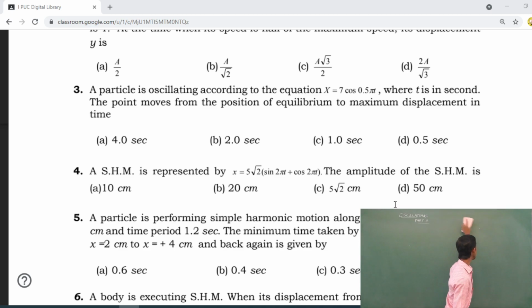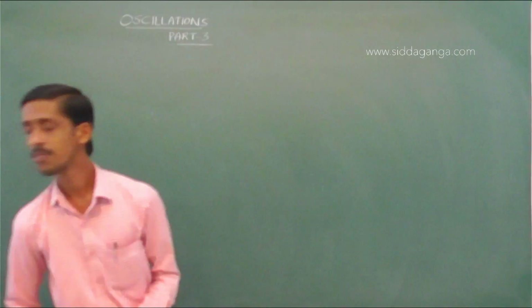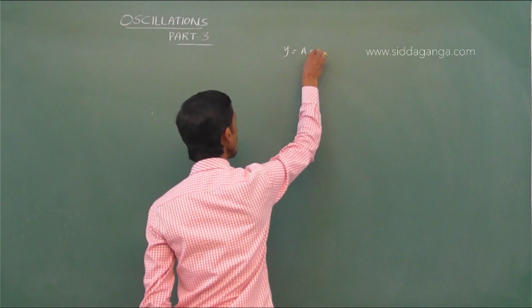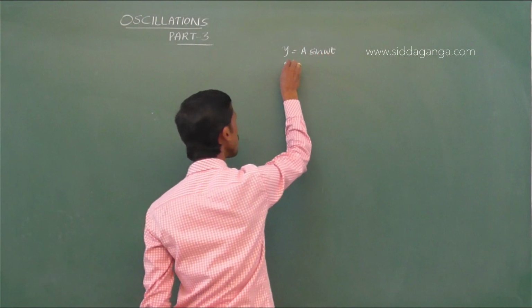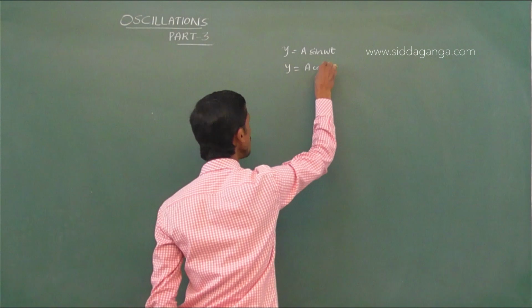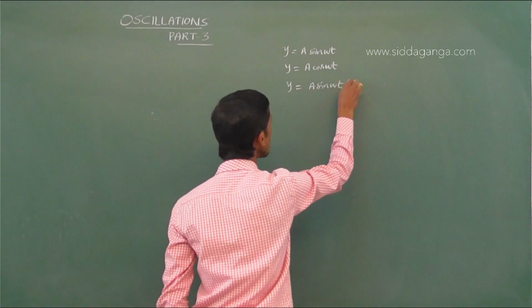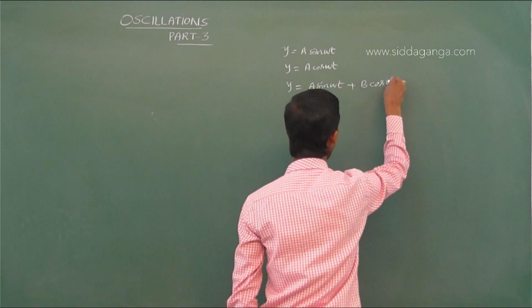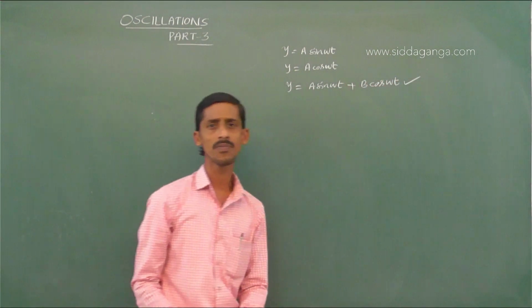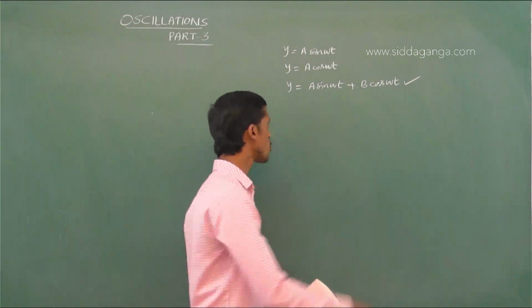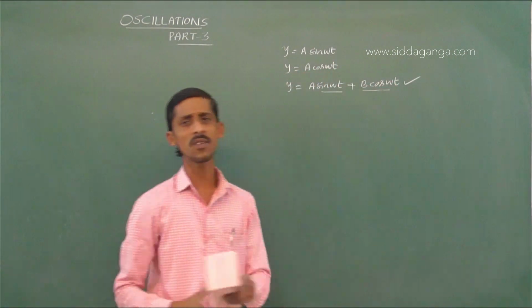In the discussion of characteristics of oscillatory motion or simple harmonic motion, as I told you, simple harmonic motion can be represented by A sin omega t or A cos omega t, or a linear combination of two harmonic functions. For example, I have given like this.